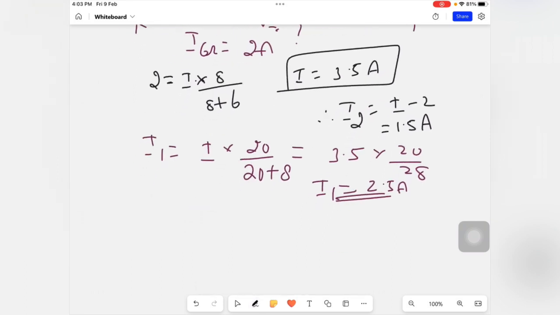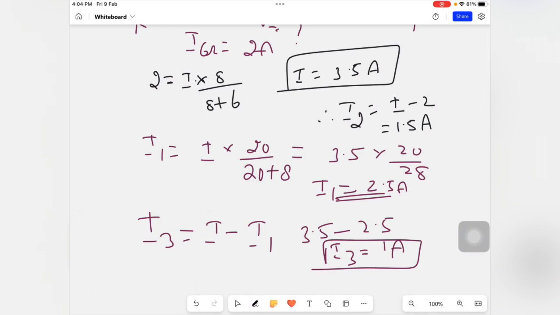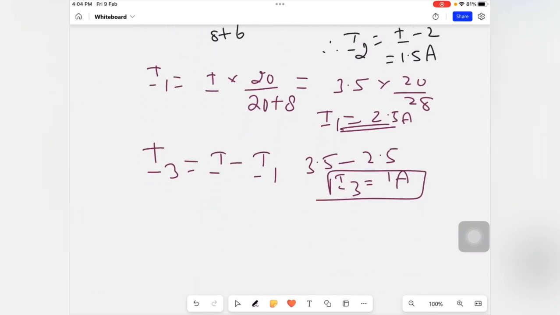Similarly, I3 is equal to I minus I1, which is 3.5 minus 2.5, so I3 is equal to 1 amp.